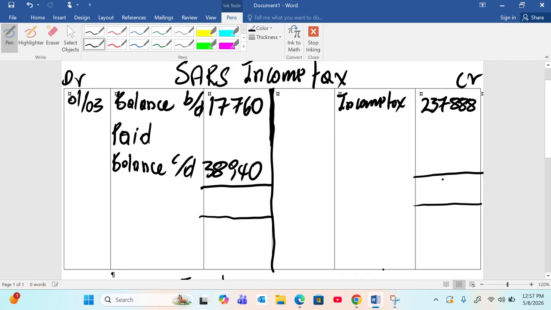So this is what we need to do, guys, to get the amount paid to SARS. We are going to close off with the credit side with an amount of 237,888. So to get the amount that we paid to SARS, this is what we need to do. We take that 237,888 minus the balance carried down and minus the opening balance of 17,760.